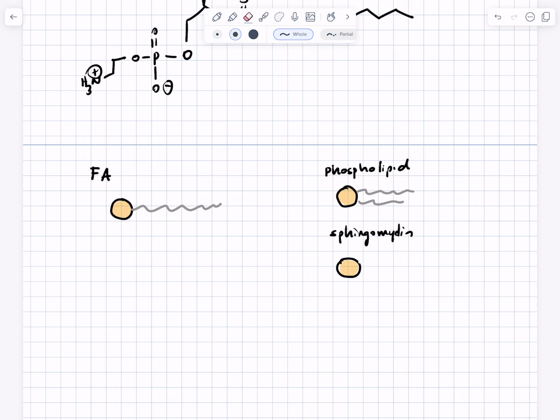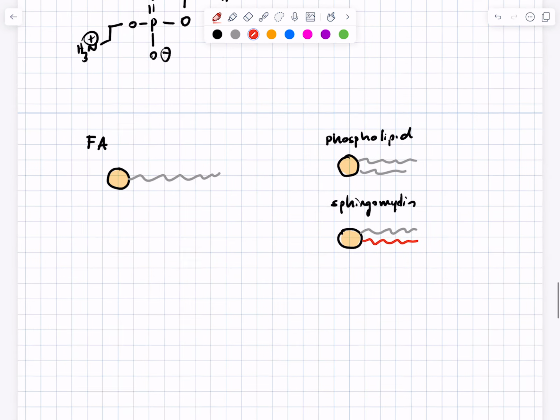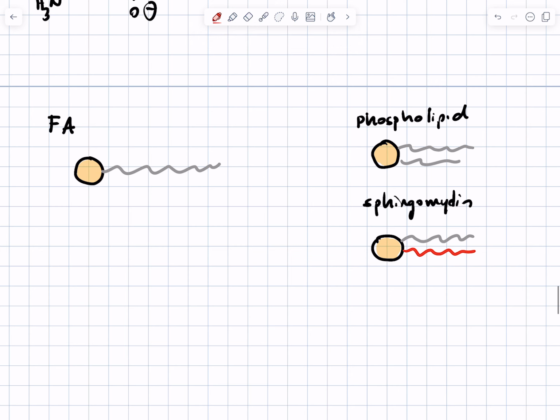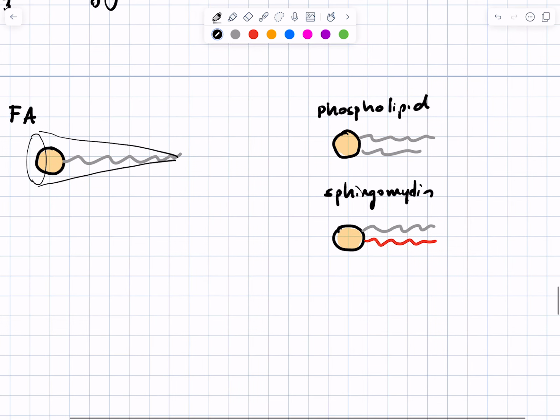Tough for me to remember. Sphingomyelins, of course, have 2 different kinds of nonpolar tails. So one will be gray and the other will be red. But they have the same basic structure. If you were to allow the fatty acid to wiggle around, what you would see is that it adopts a sort of conical shape like this, whereas the phospholipid adopts a more cylindrical shape like this.